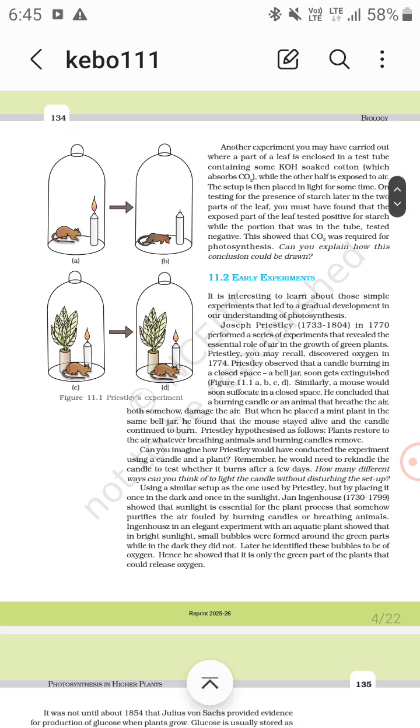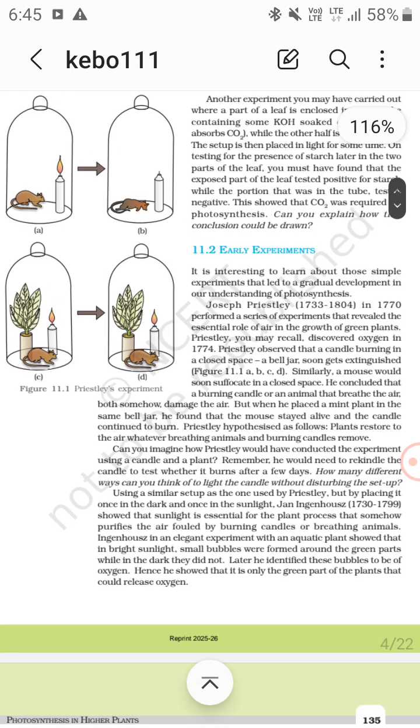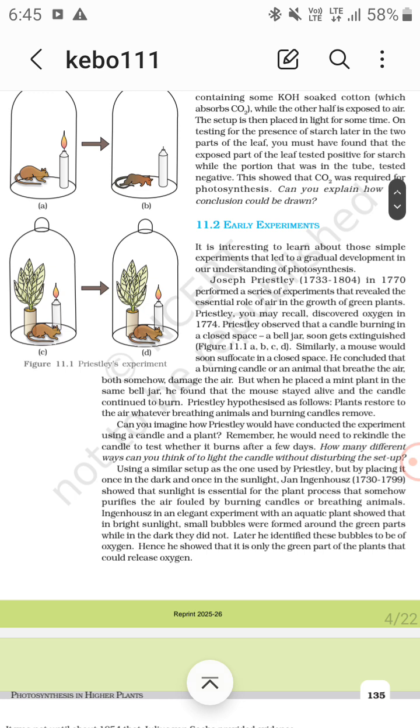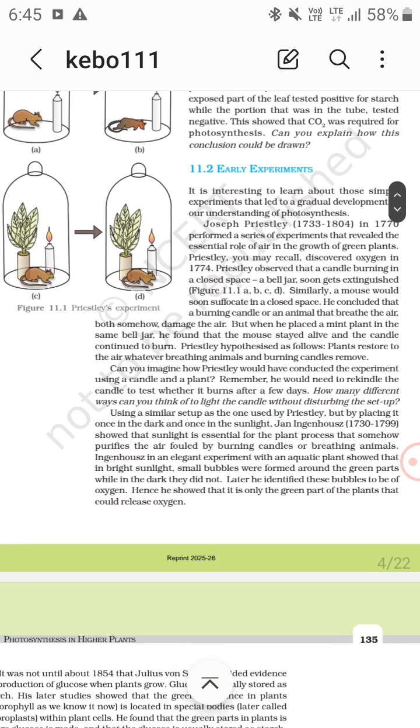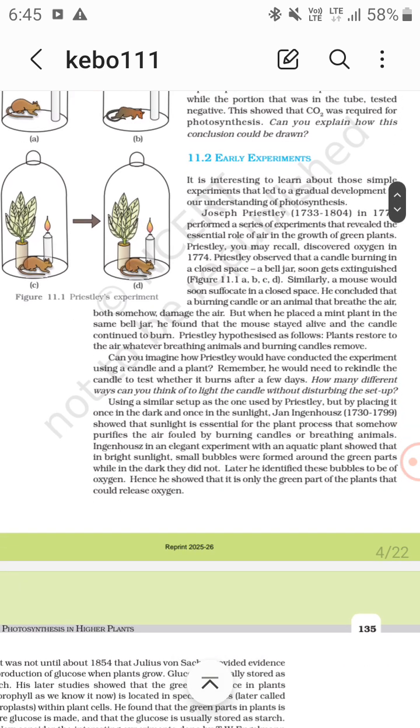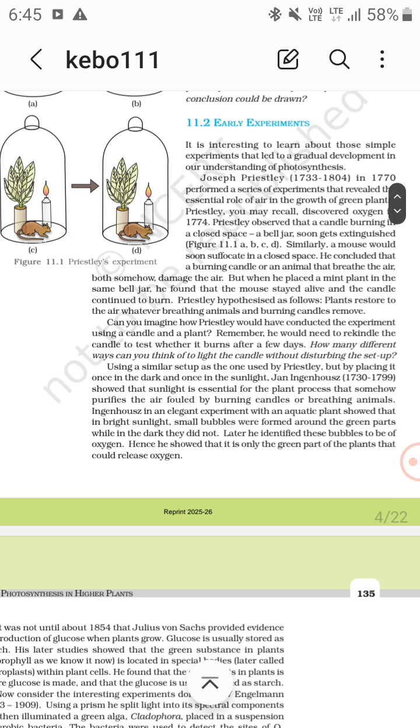Now, early experiments. Joseph Priestley discovered that air is essential, in the bell jar experiment. Priestley hypothesized that plants restore to the air whatever breathing animals and burning candles remove.